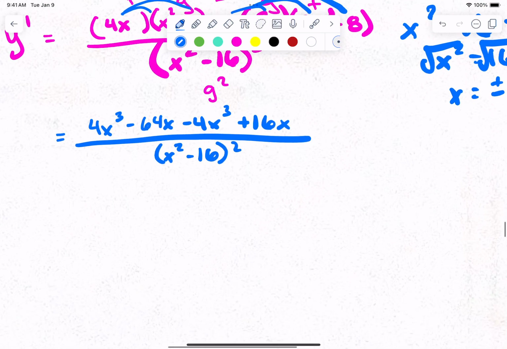Do you see what just happened? 4x cubed minus 4x cubed, they cancel. Minus, what's negative 64 plus 16? Negative 48. Good job. 48x.